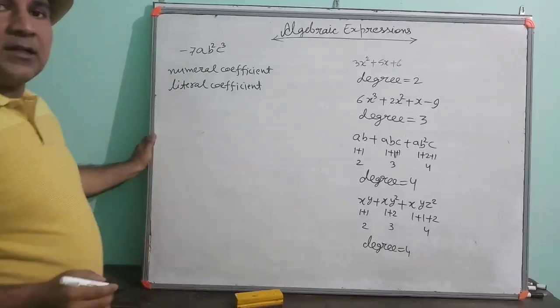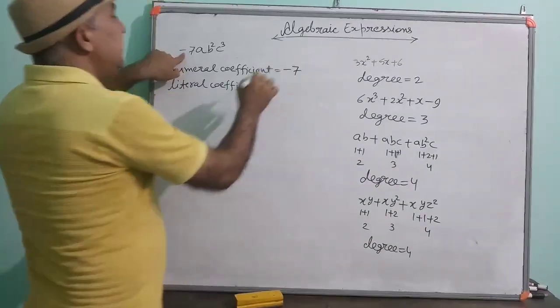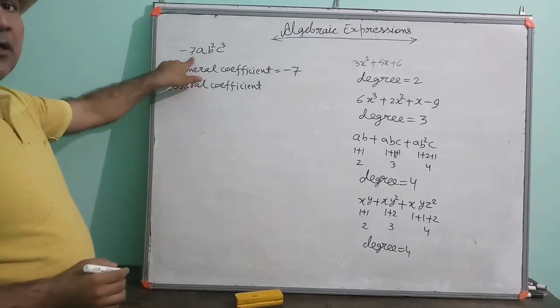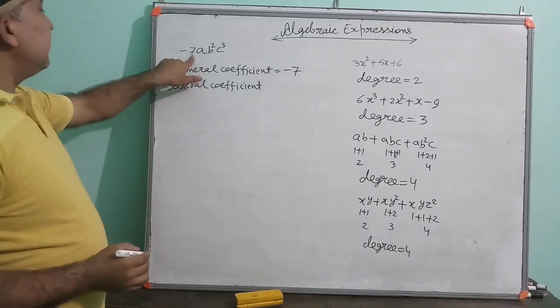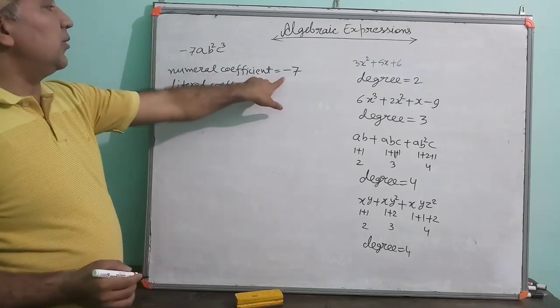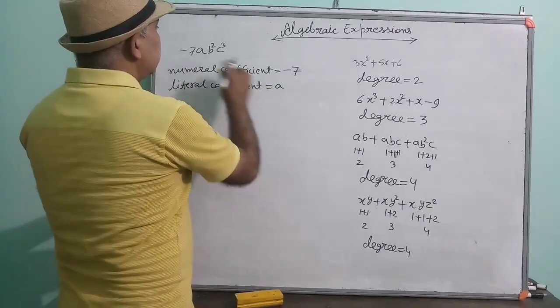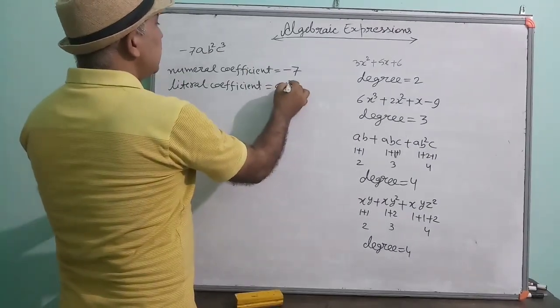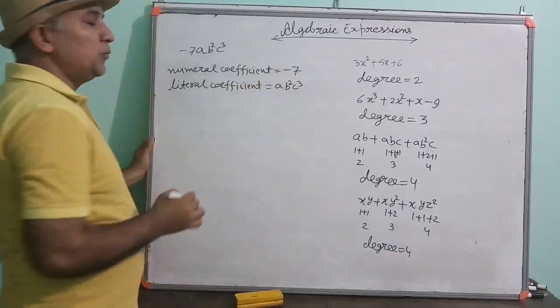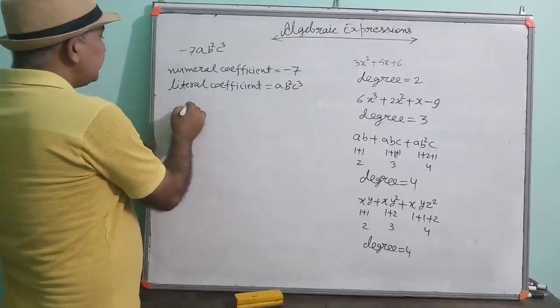In any given algebraic expression, the number with a sign, 7 is the number, constant number. With constant number, whatever sign is there, that is called the numeral coefficient. And whatever alphabet is there, the variable, that is called the literal coefficient. Is this clear? See one more example.